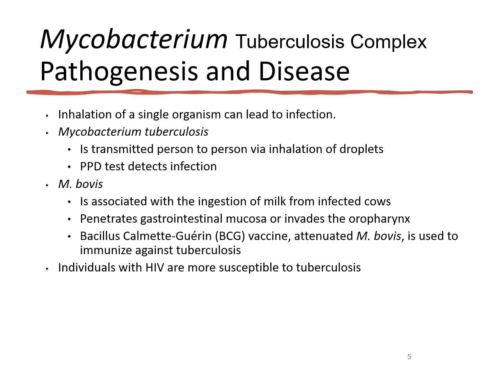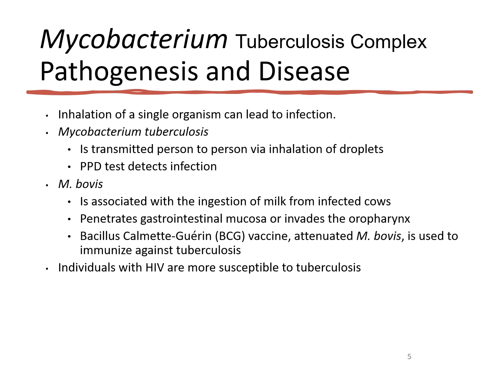Mycobacterium bovis is associated with the ingestion of milk from infected cows. And so this organism will actually penetrate the gastrointestinal mucosal layer and invade the oropharynx. There is a vaccine that has been made, the BCG vaccine, that helps to immunize against tuberculosis.